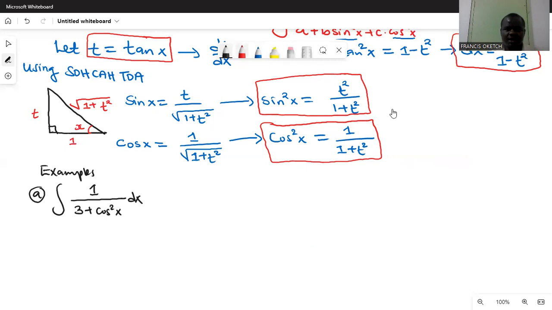What we do here, I don't need to derive again because I've shown you how to express those functions of x in terms of t. So you say let t be equal to tan x. That is the substitution.